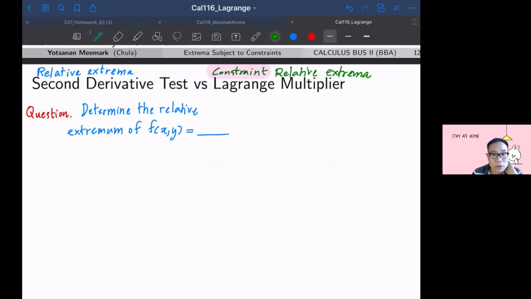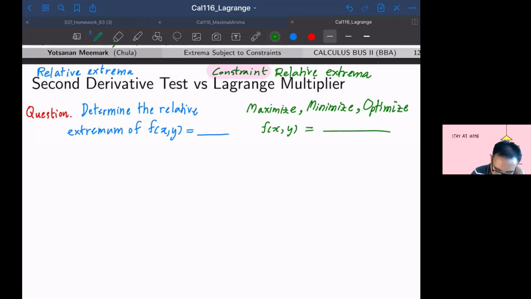And for the constrained relative extrema, the question turns out to be maximize, minimize, or sometimes just optimize the function f(x,y), and the question will give you f(x,y), and it's going to say subject to constraint g(x,y) equal to 0.